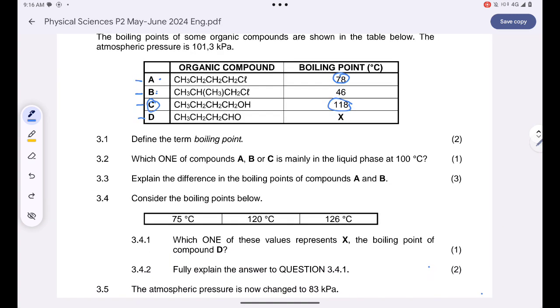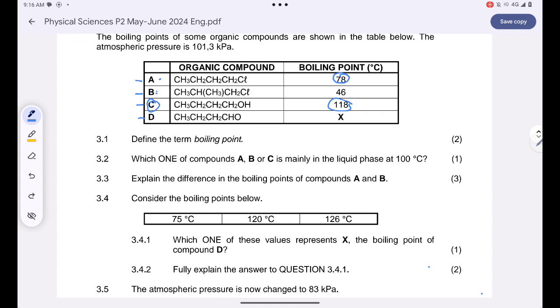Now we are asked to consider the boiling points of 75 degrees Celsius, 120 degrees, and 126. Which one of these values represents X, the boiling point of compound D? Compound D is an aldehyde, and the boiling point of your alcohol should always be greater than that of your aldehyde.